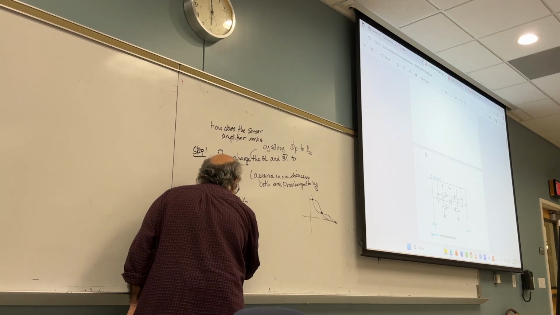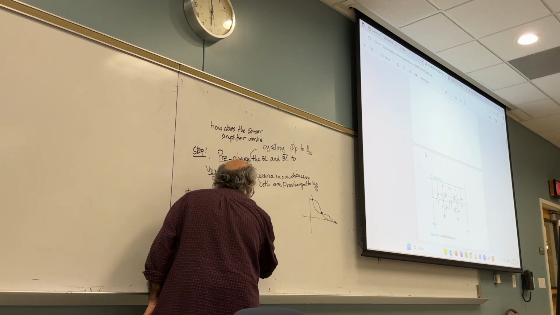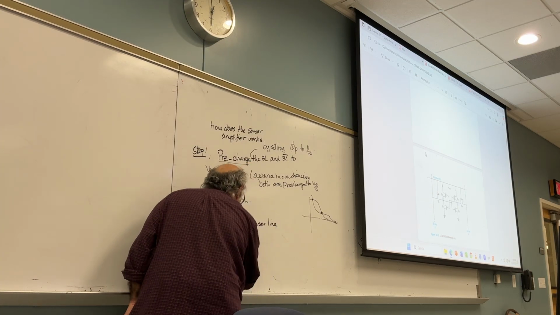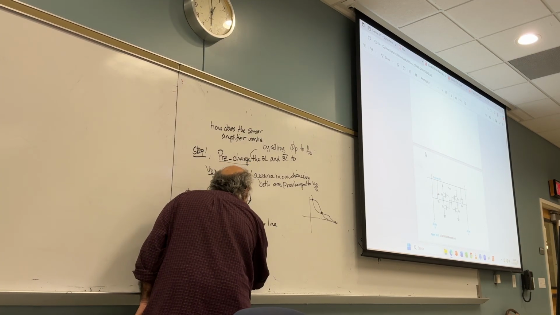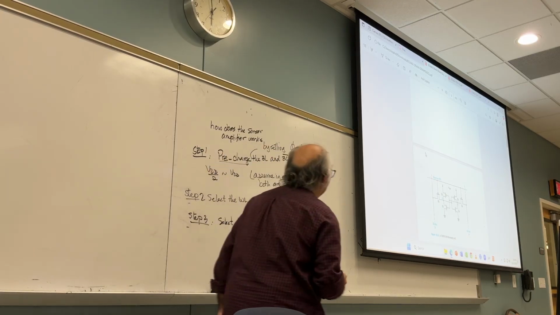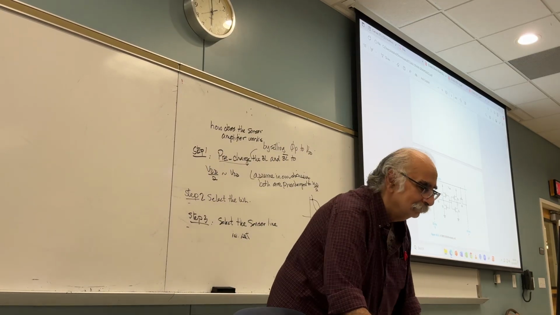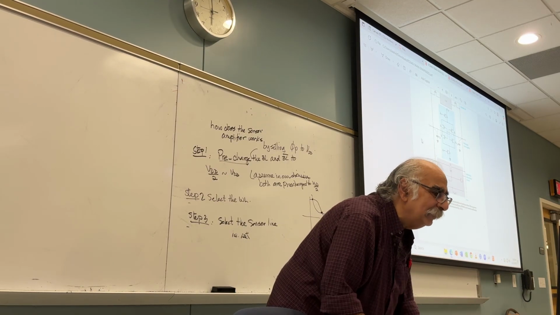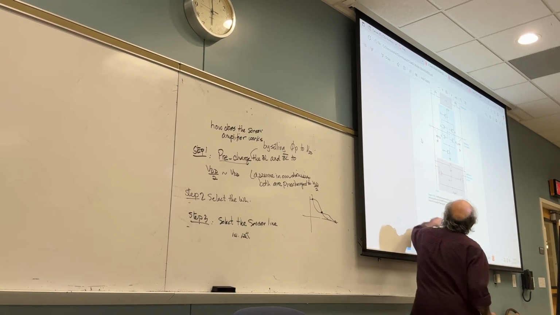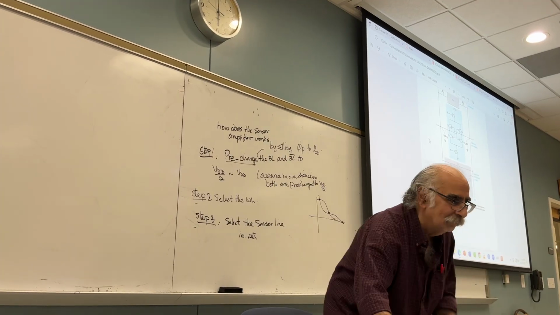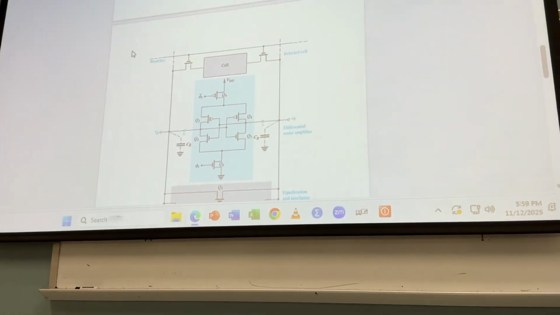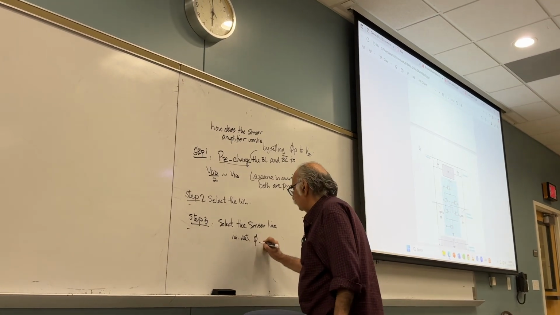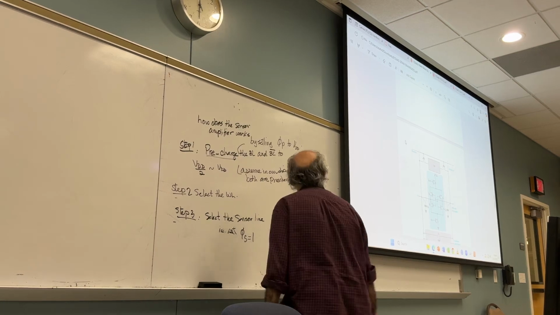Select the sensor line, i.e. set PS equal to 1.